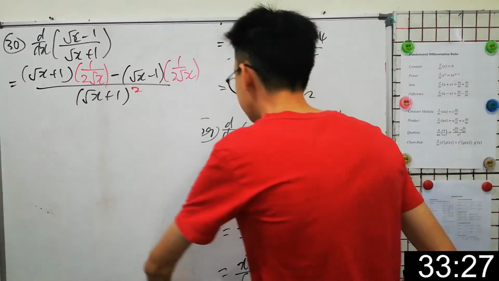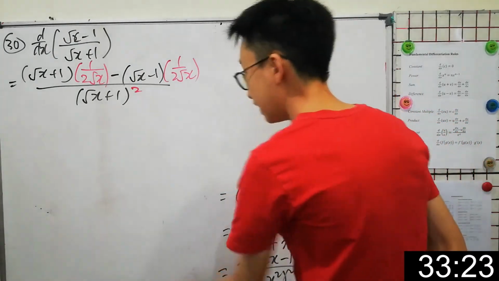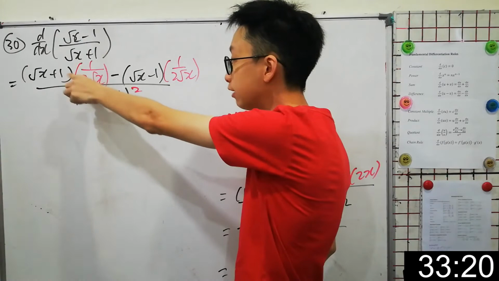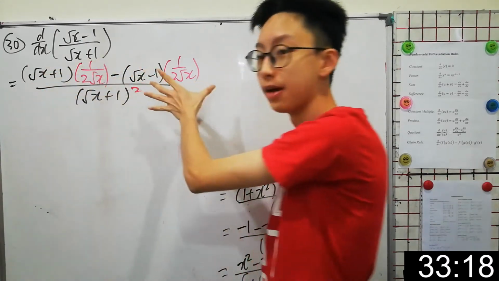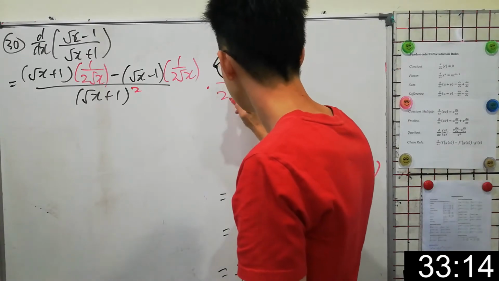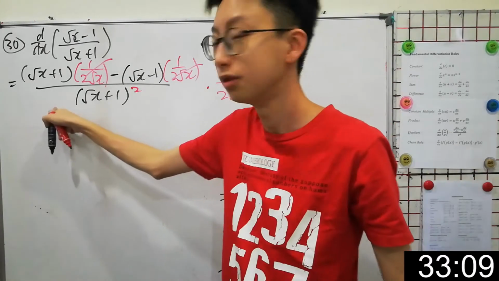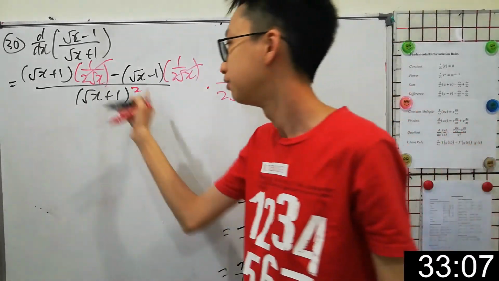For this question, let me clear some space here. As you can see, we have 1 over 2 square root x for both of them. So we can just multiply with 2 over square root x like this, so that we can cancel, and this one we just put at the bottom to make our life easier, so that we don't have to go through all the trouble.